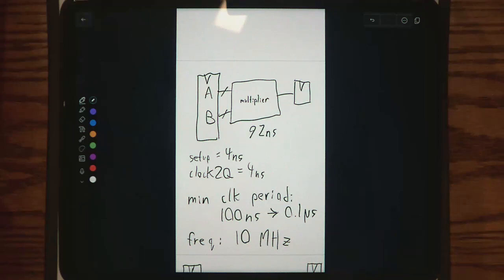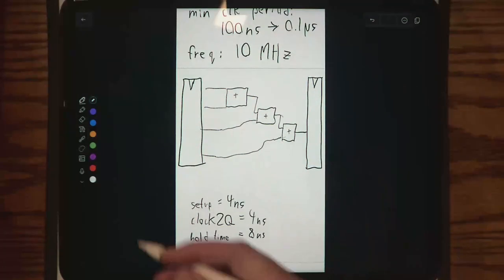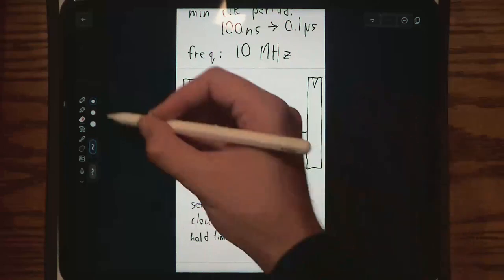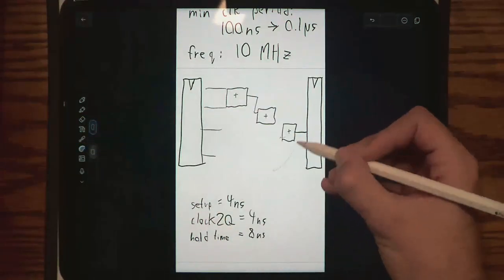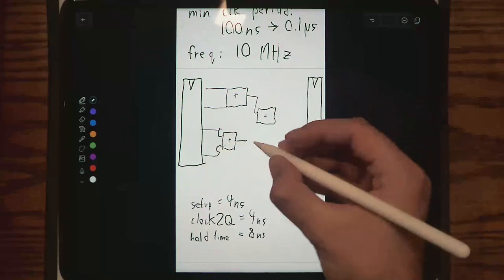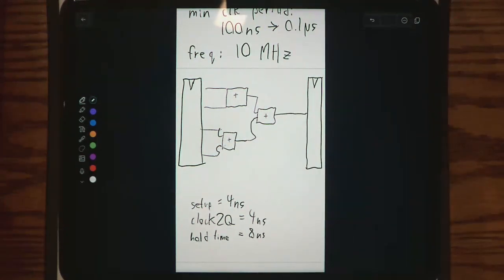So maybe there's some sort of optimization that we can do, and I'm going to modify this slide that I prepared. So this is what our circuit currently looks like. Effectively, I guess I'm missing some muxes, but these are the most important things.